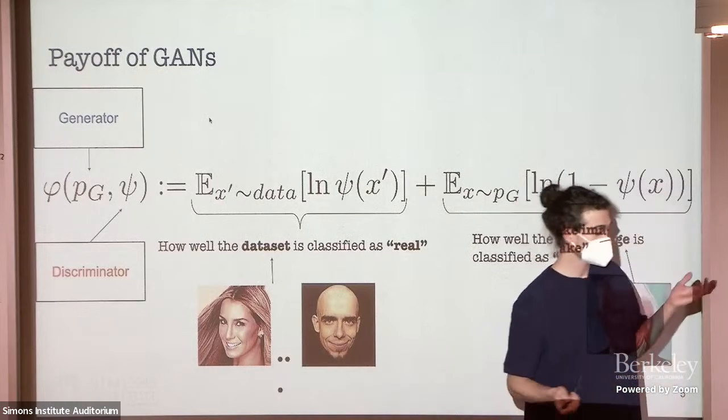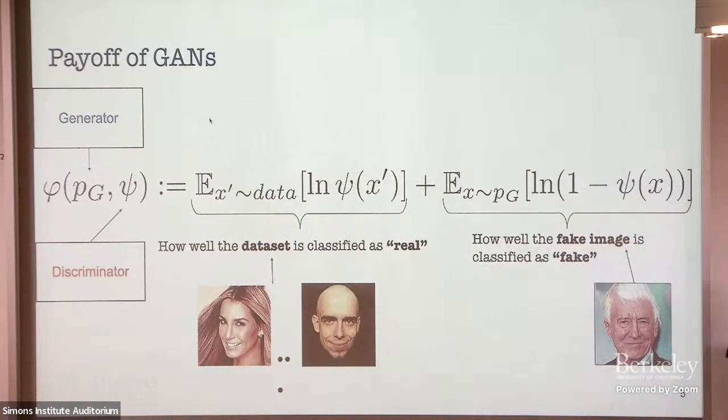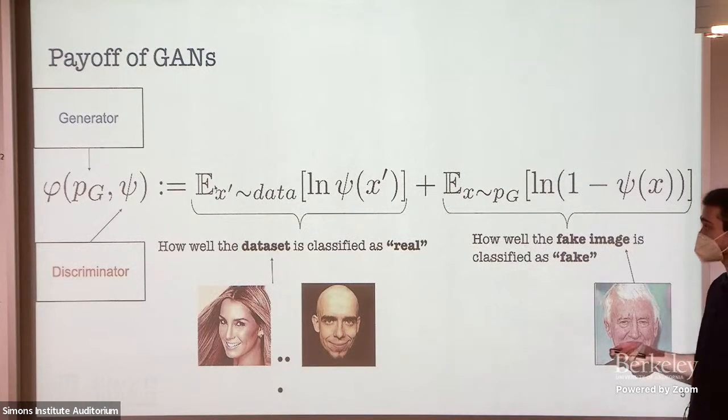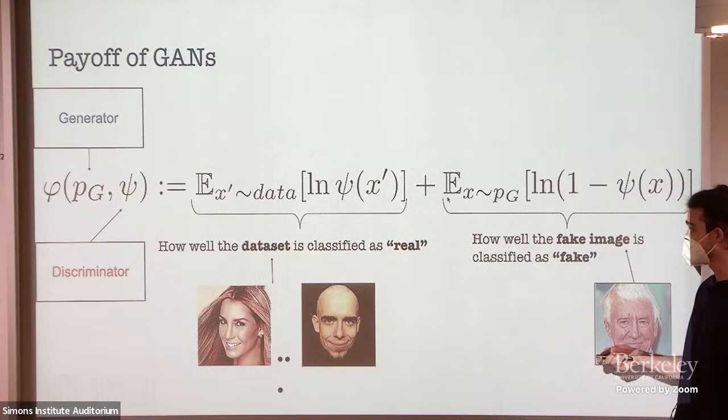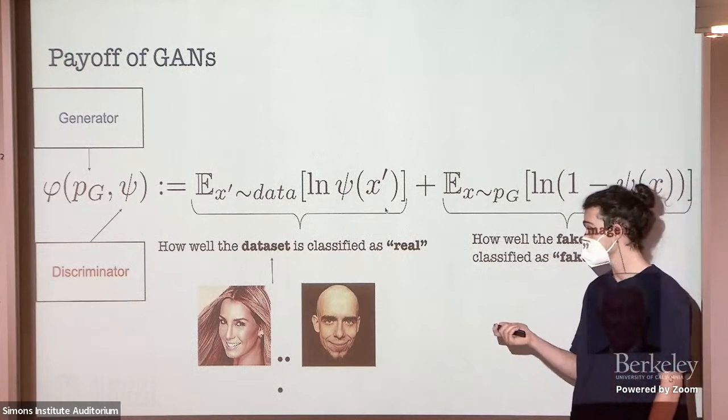And interestingly, yesterday, I think, we talked a lot about hidden convex-concave payoff. And the interesting point to notice is that the payoff of GAN is actually hiddenly convex-concave.